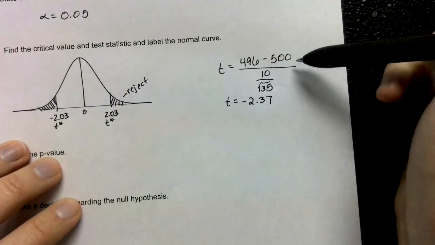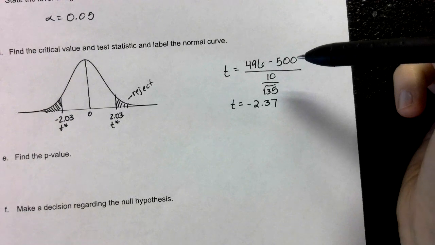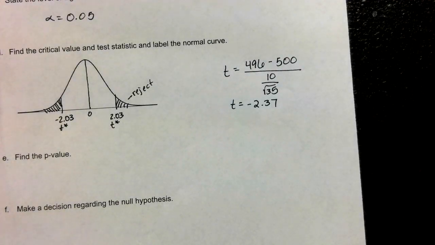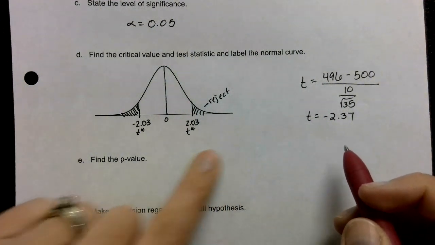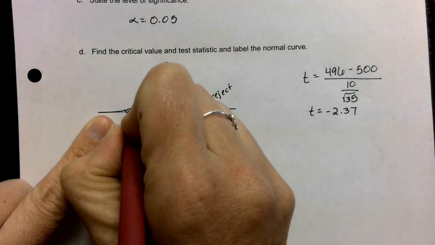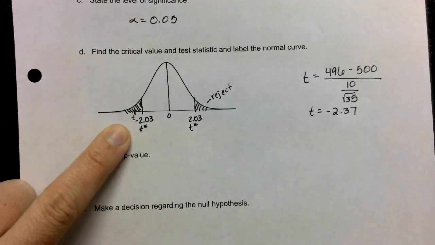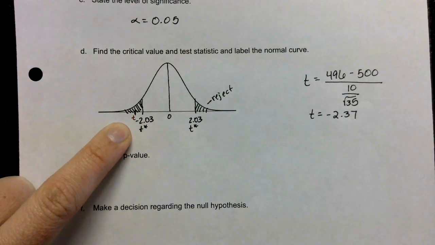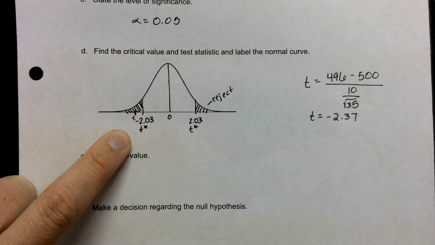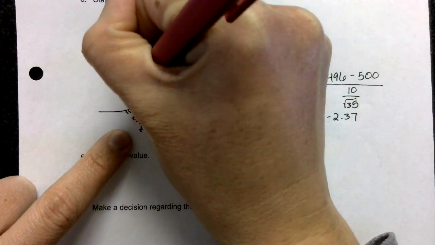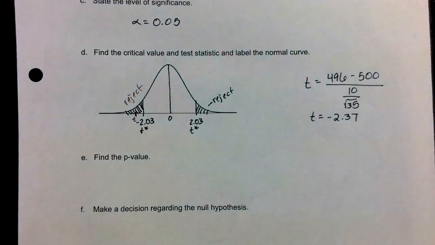It's negative, which should make sense because we're less than the population mean, so we're below average. Negative 2.37 is pretty close, but it falls out to the left of our critical value. It falls in our reject region. So the first of three things that should all support the same decision, my test statistic and critical value, are telling me that I'm going to be able to reject the null.